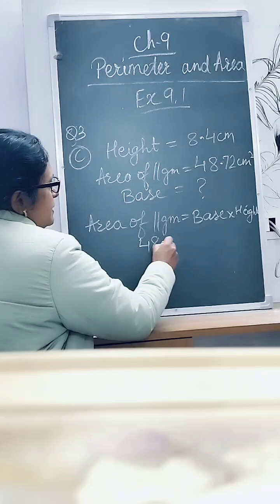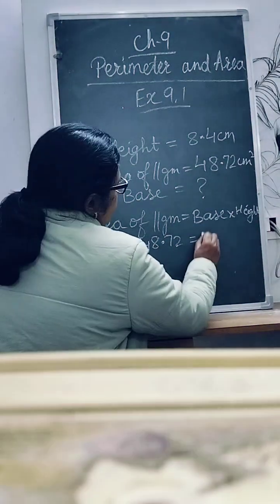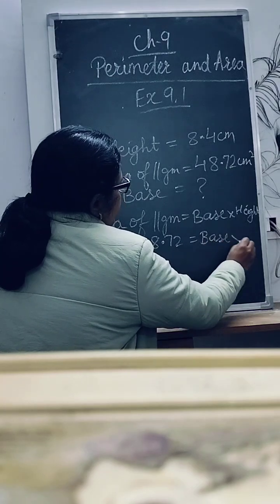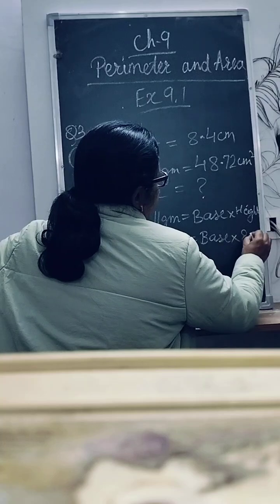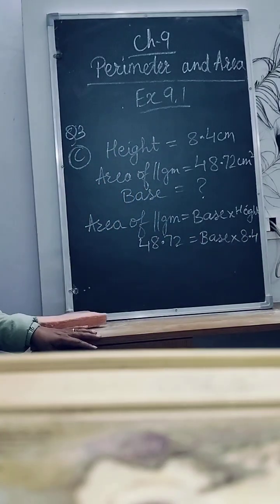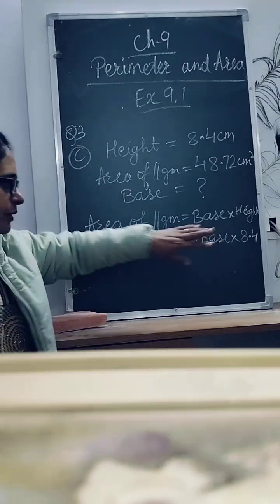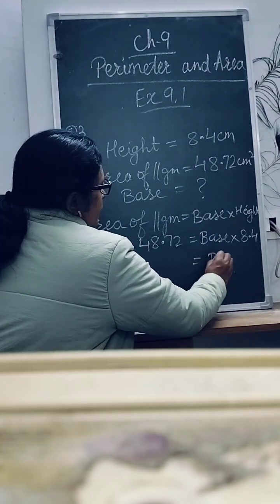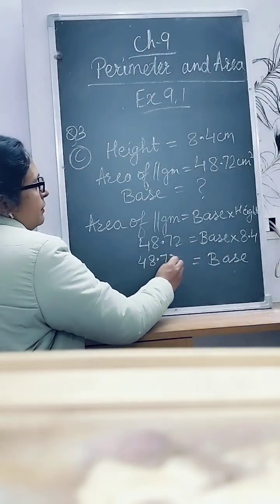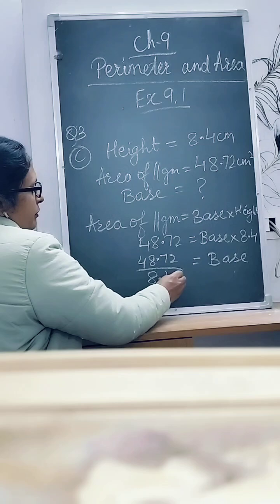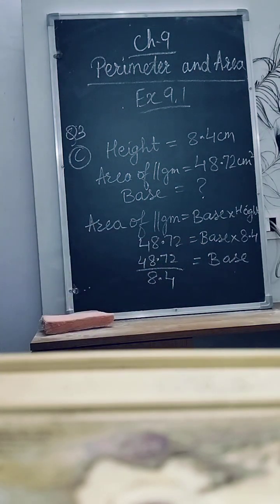It is 48.72 is equal to base, which we want to find, into height, which is given to us as 8.4 centimeter. Okay, now we want to find the base. So the next step would be to keep the base alone. 48.72 upon 8.4. Okay. So this way we find the base.